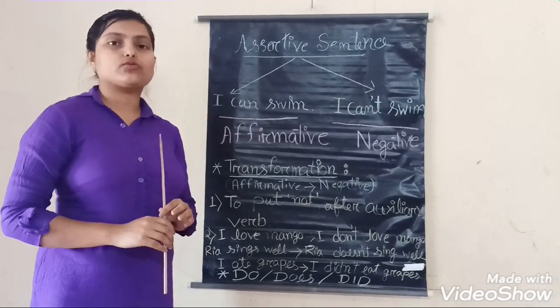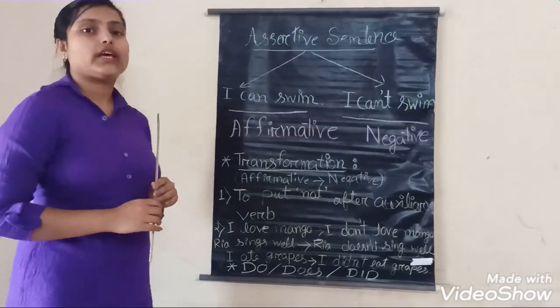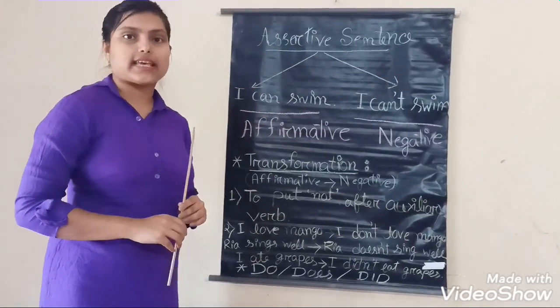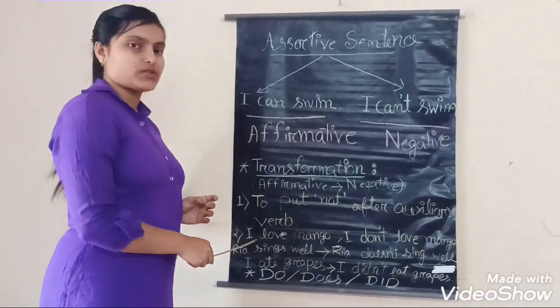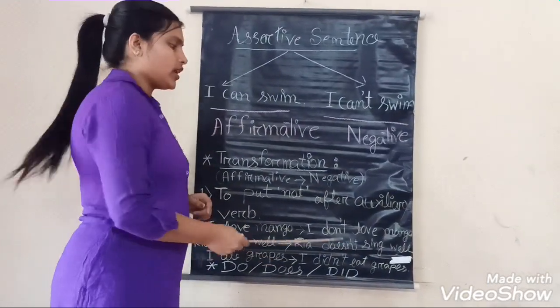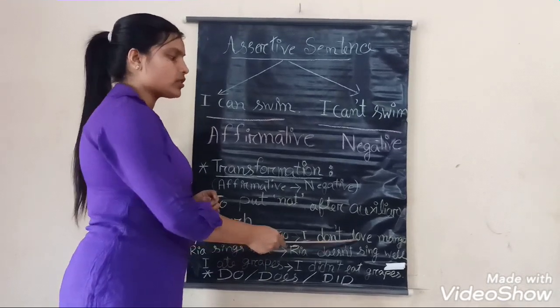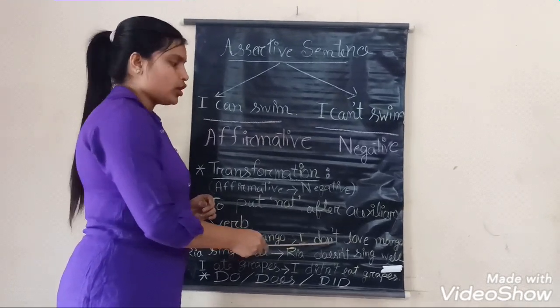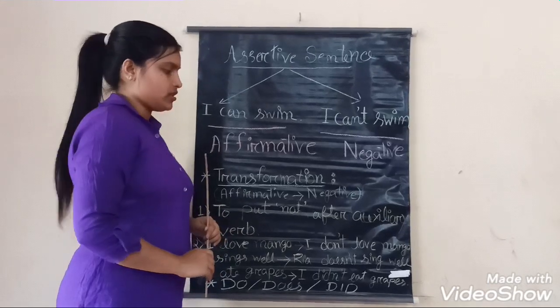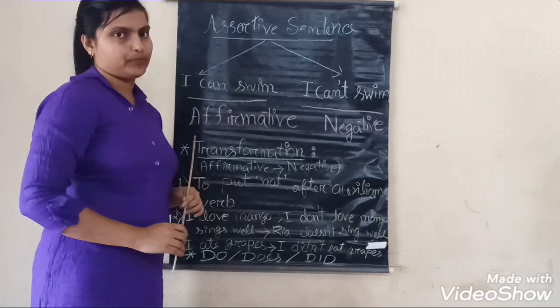Suppose there is no auxiliary verb in the sentence and the main verb itself is in present tense, like this one, I love mango. In this case, we have to put a do before the main verb and add not with it. So in this way, it has become I don't love mango.